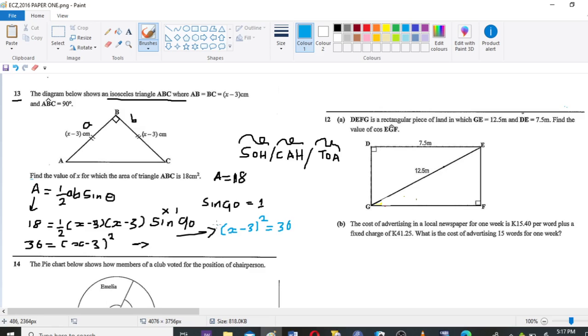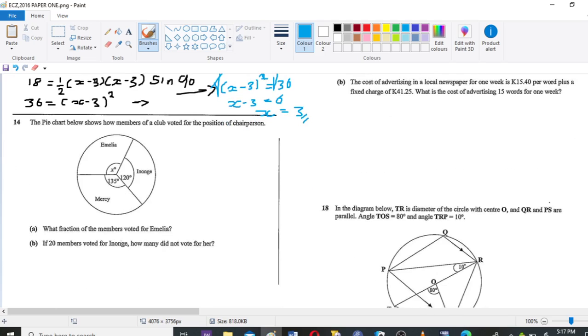So we want to get rid of the square, you introduce the square root there, and you're going to get x minus 3 is equal to 6, right? And this means your x is nothing but 9. So this is the value of x you are looking for.